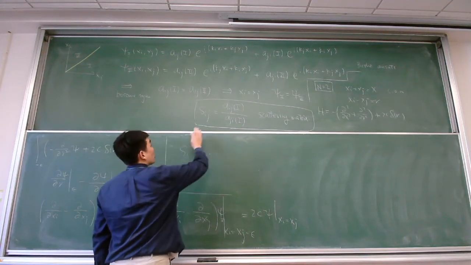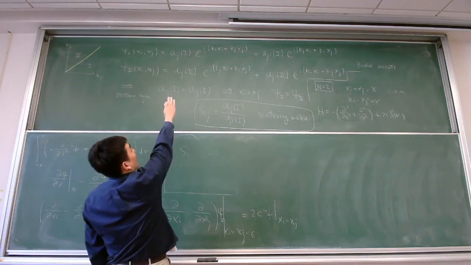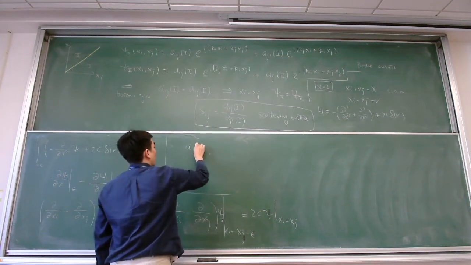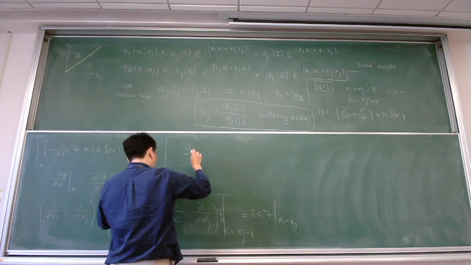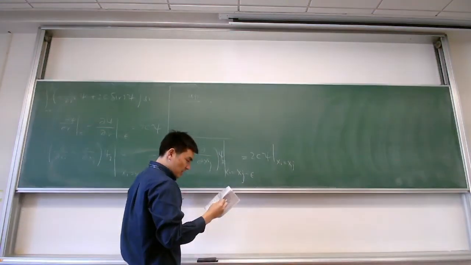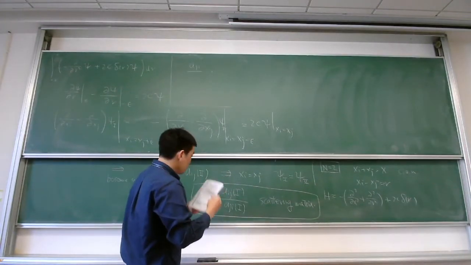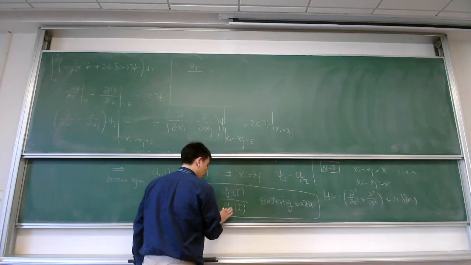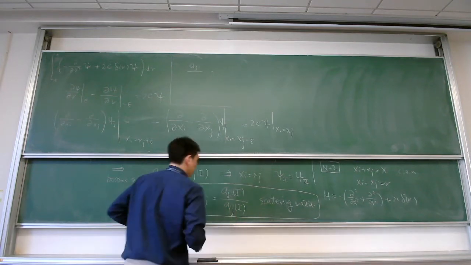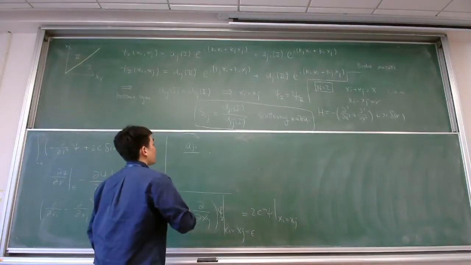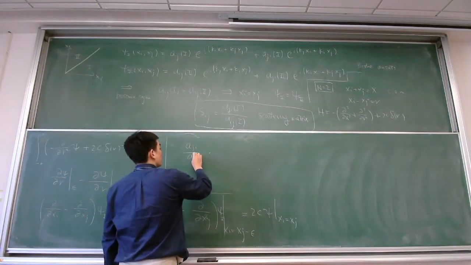You can have a ratio between Aij and Aji, sorry, Aij. If you solve this equation you get the scattering matrix.